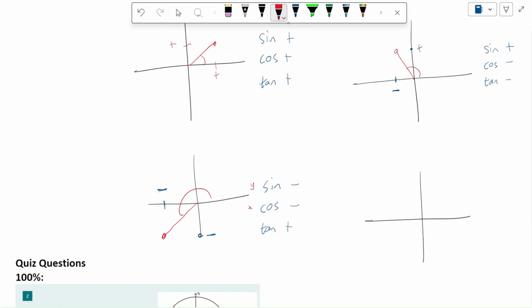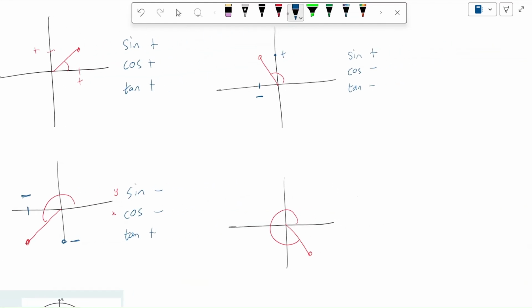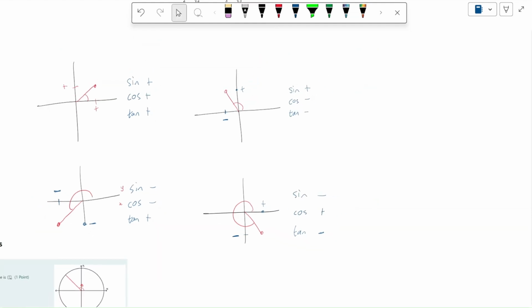If we look at an angle down here, then we would expect sine to be negative, because we've got a negative y value. I'd expect cos to be positive, because I've got a positive x value. And I would expect tan to be negative, because minus divided by plus is minus.